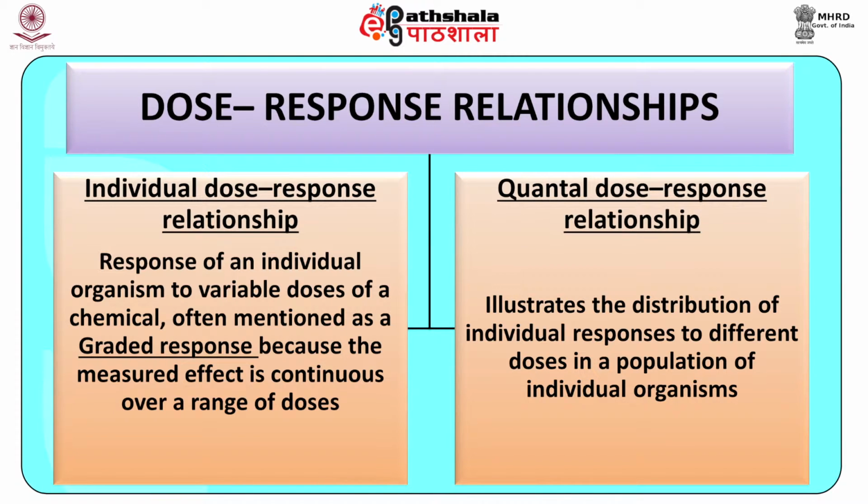And second is the quantile dose-response relationship, which illustrates the distribution of individual responses to different doses in a population of individual organisms. It is also important to distinguish that a given chemical may have multiple different molecular, biochemical, and cellular effects, each with its own dose-response relationship.